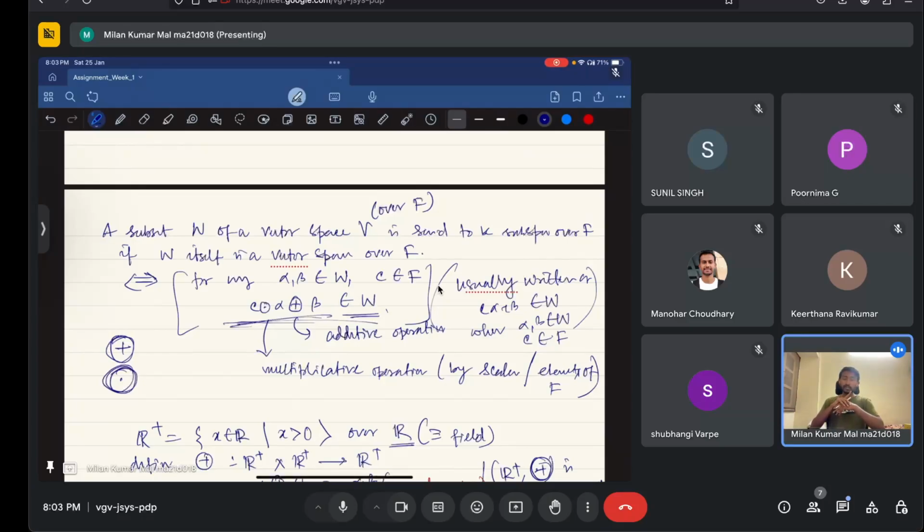If 0 is not there, it can't be a subspace, because whenever we take C equal to 0 and beta equal to 0, this element will be 0. 0 dot alpha is 0, plus beta is 0, so it will be 0. So 0 should be there.